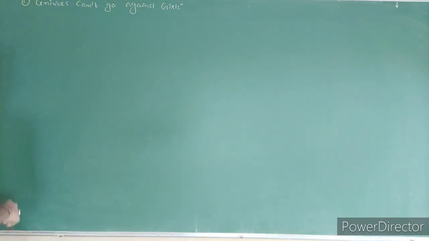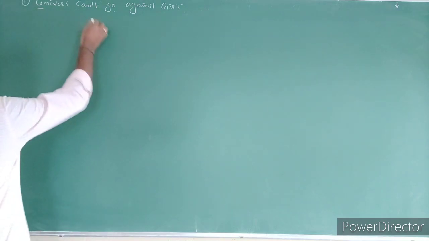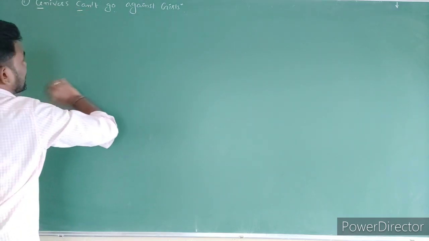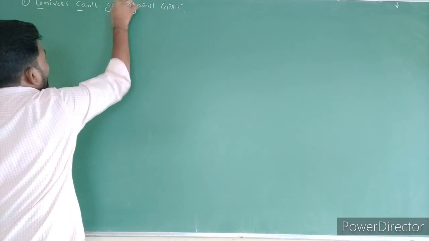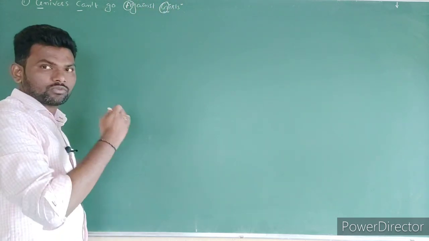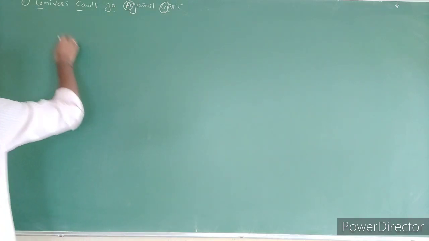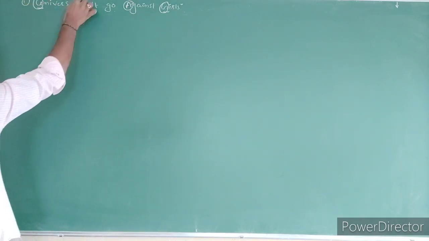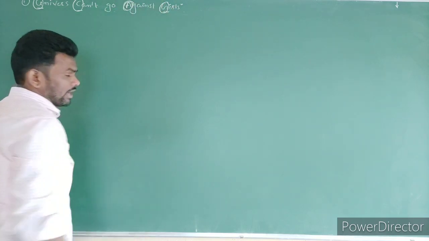Here U means uracil, C means cytosine, A means adenine, and G means guanine. So you have to start in this sequence: uracil, cytosine, adenine, and guanine.